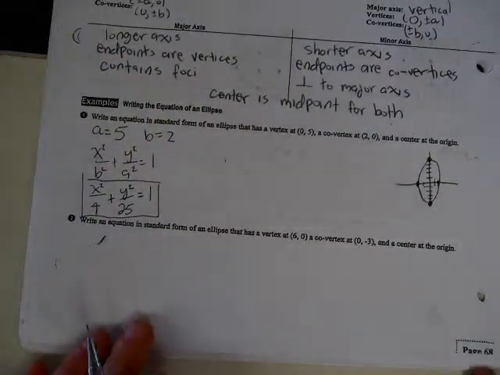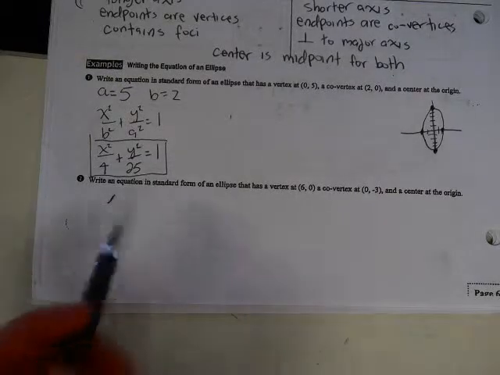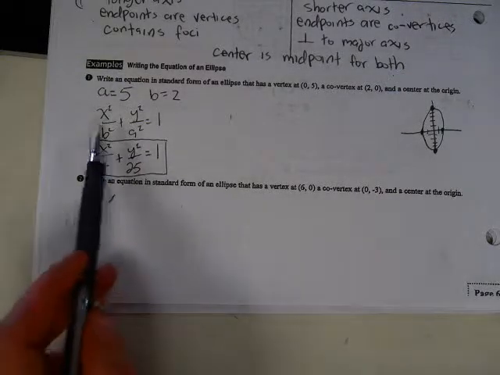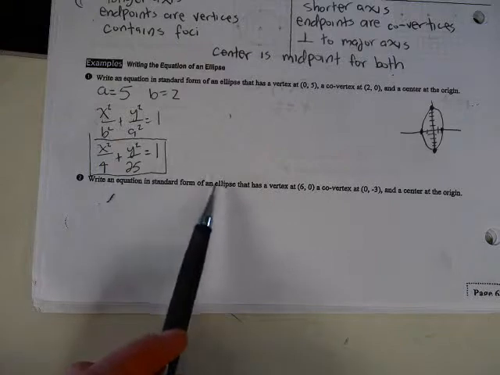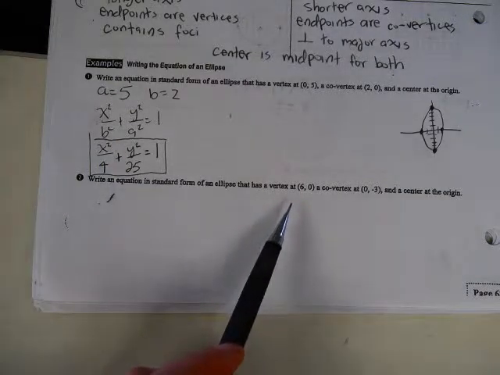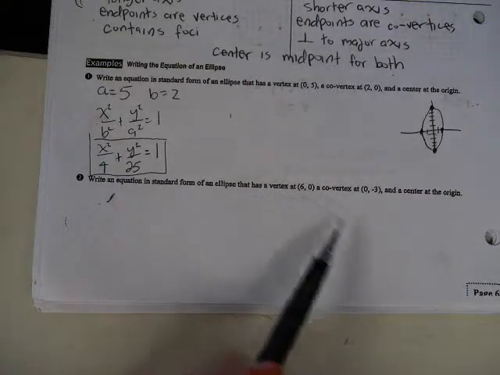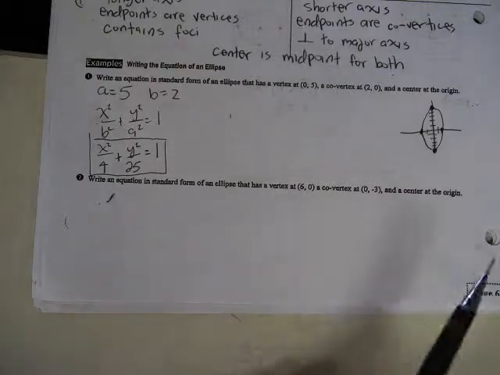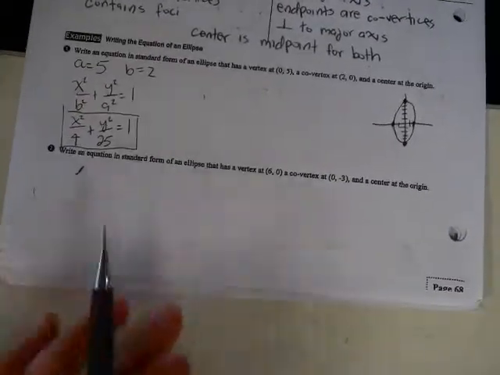Okay, let's try another. Write an equation in standard form of an ellipse that has a vertex at 6, 0, a co-vertex at 0, negative 3, and a center at the origin.